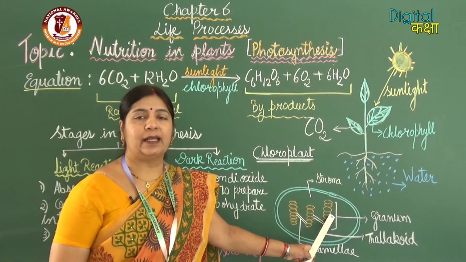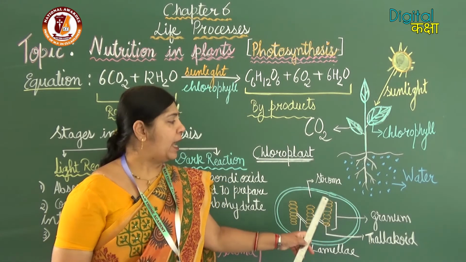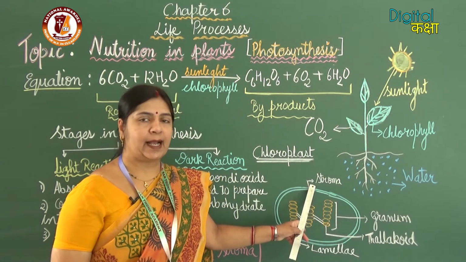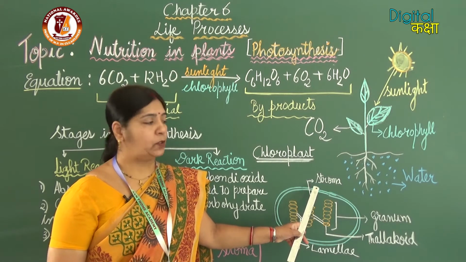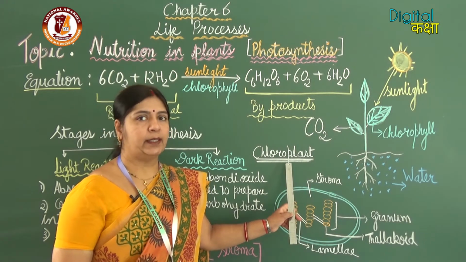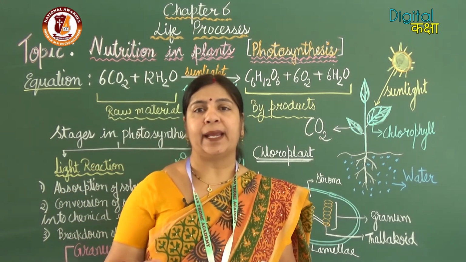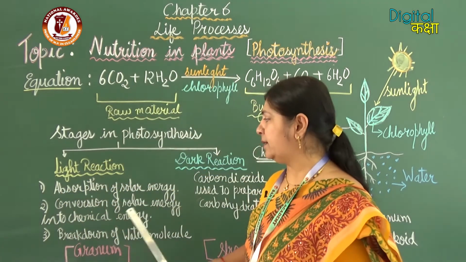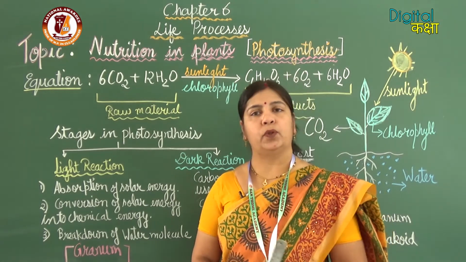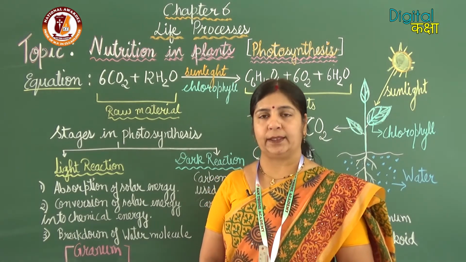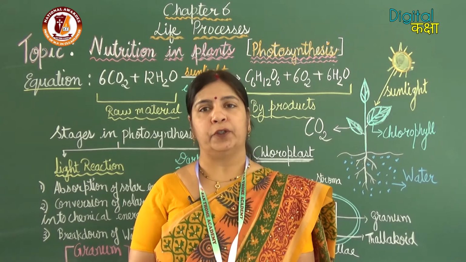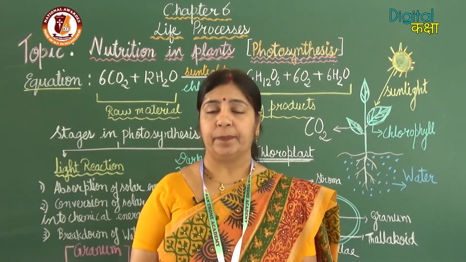Here the light reaction takes place, and in the stroma the dark reaction takes place. So the site of photosynthesis is the chloroplast. All these four main steps take place in the granum or in the stroma of the chloroplast. With this, the process of photosynthesis is complete.